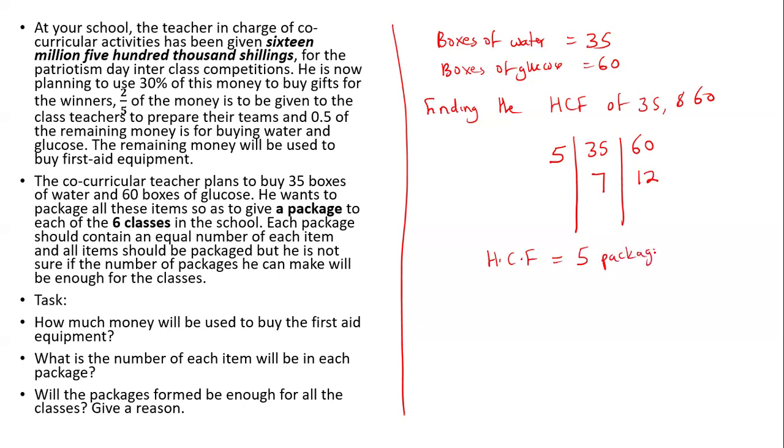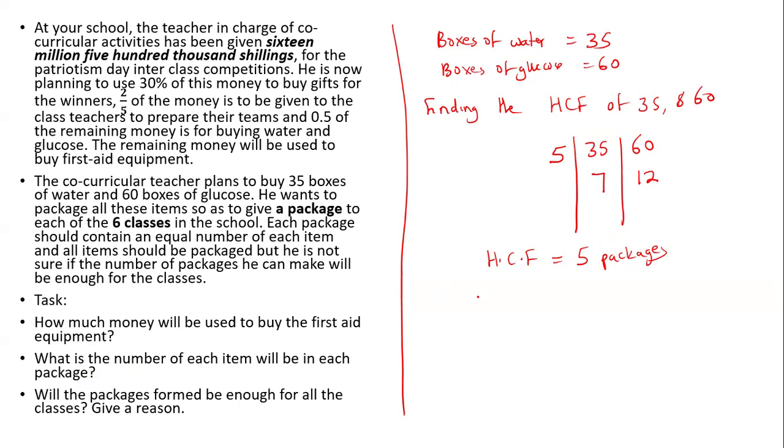That means that when he is to divide these packages into equal parts, it can only make 5 packages. And in each of those packages, what is going to be contained? Because they're asking, what's the number of each item in each package?